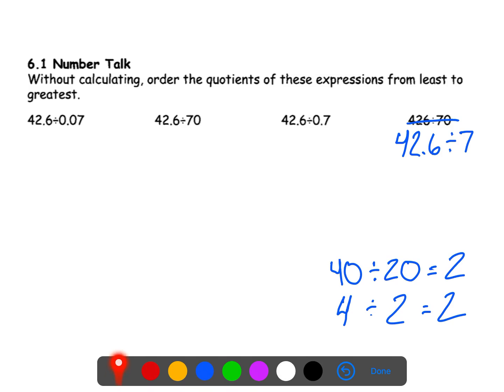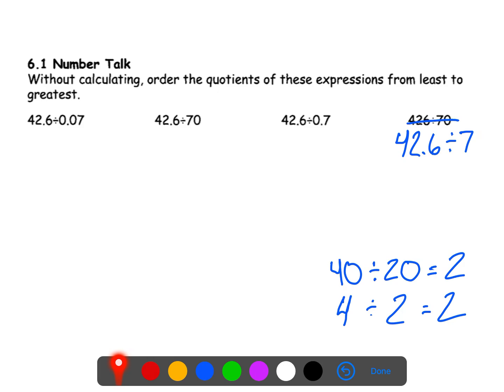Now let's think about division. We have the same dividend in each expression. So we have the same quantity, the same amount, which is 42.6. Now what we're going to do is divide it into certain sized groups. The bigger the group is that I take from 42.6, the fewer number of groups I'll be able to take.